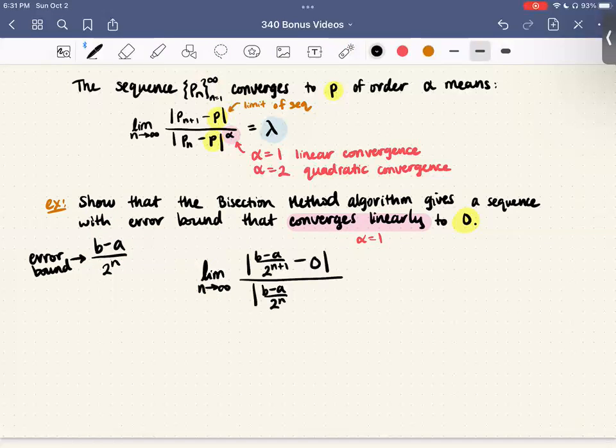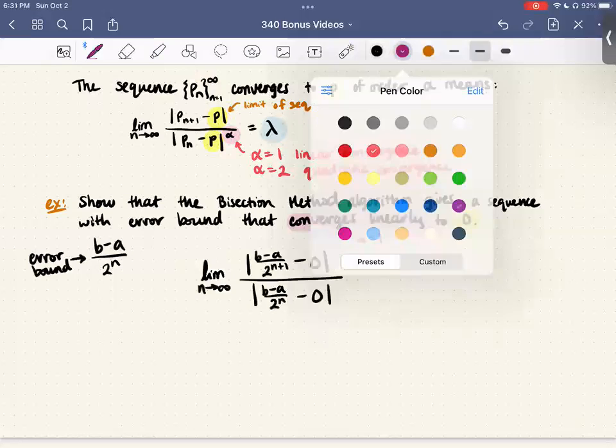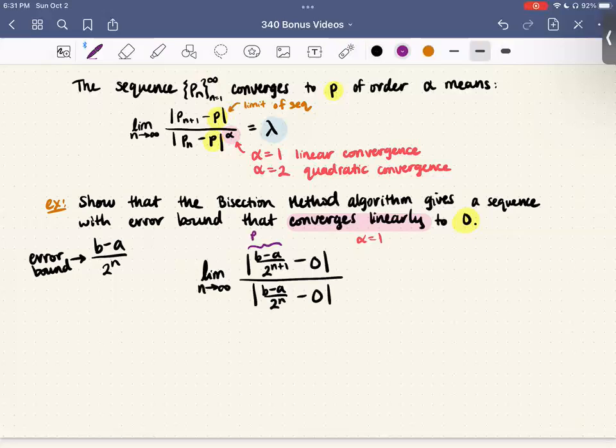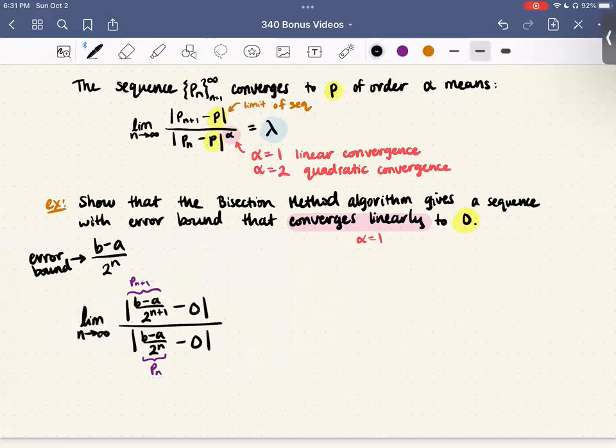So b minus a over 2 to the n minus the limit term, 0, in the absolute value. Okay, so just to be clear, this term here is playing the role of Pn plus 1, and this term is playing the role of Pn. Okay. Now we're just going to go ahead and compute this limit. So let me move it over here.